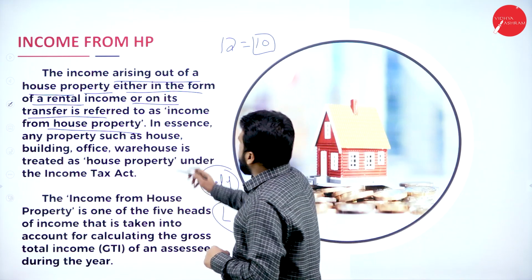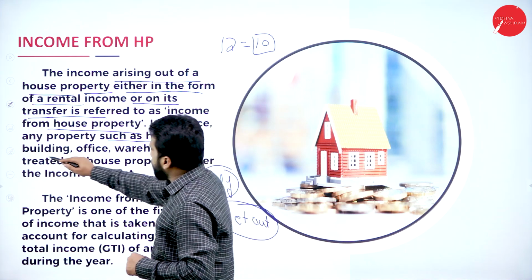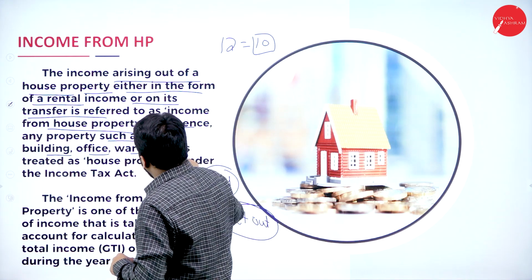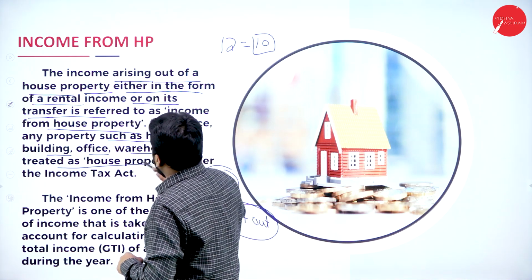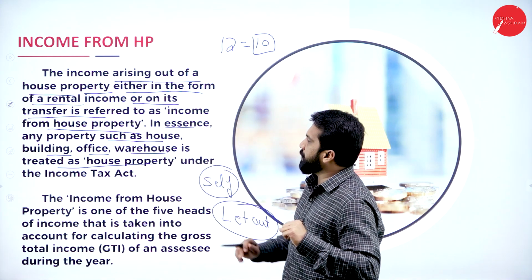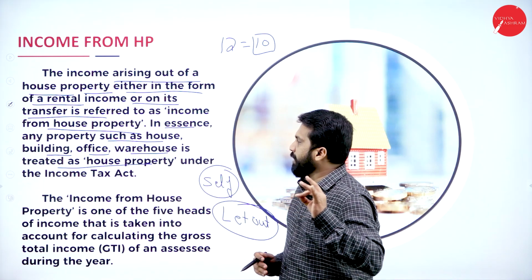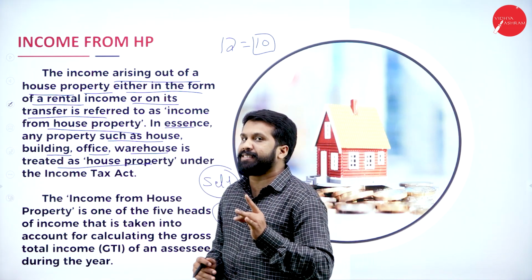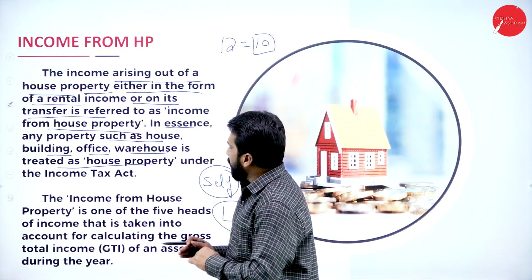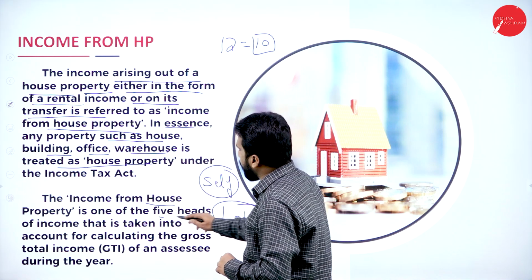Now, in essence, any property such as house, building, office, warehouse is treated as house property. So house property means house, building, office, your warehouse given on rent, are treated as house property under the Income Tax Act. Income from house property is one of the 5 heads.